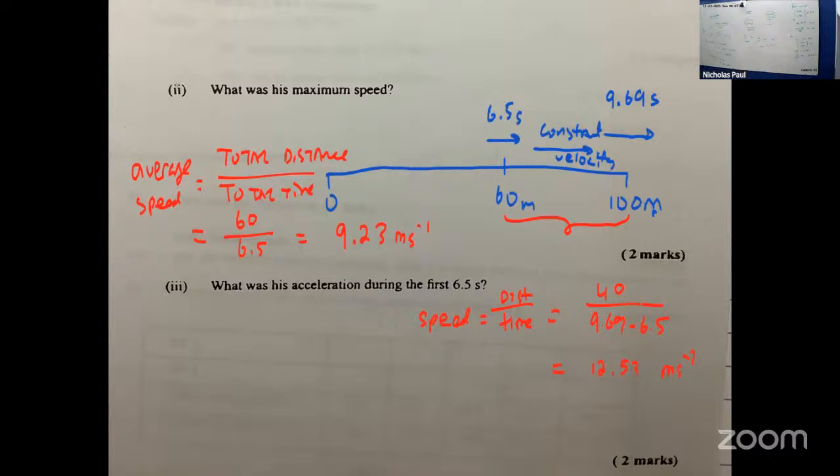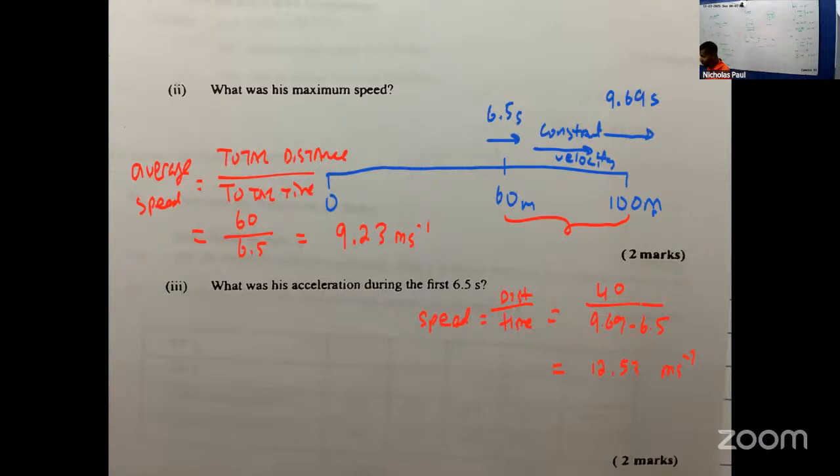So what's the initial velocity of both? 0, they start from rest, right? And what's the final velocity at 6.5? Think about that. What's his final velocity at the 60 meter mark? Is it 9.23 or 12.52? 9.23 is his average velocity.